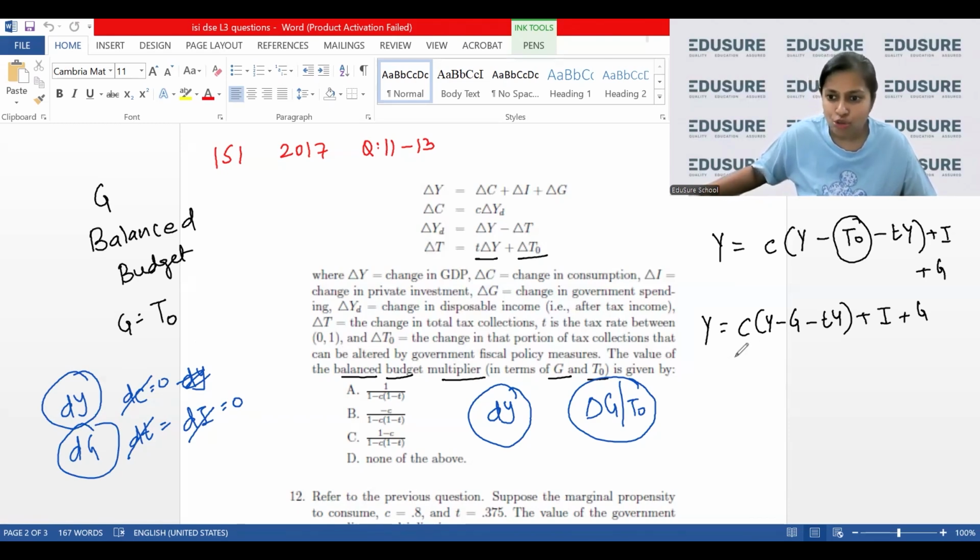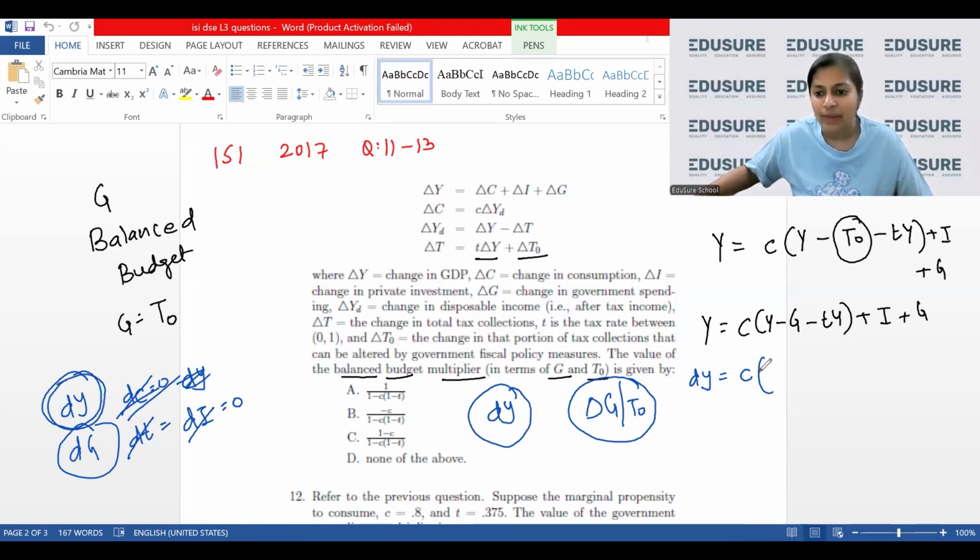So when I differentiate this equation, it will be dY is equal to, now C, I can take it as a constant because change in C I'm taking as 0. Then Y, I have to put dY because dY is positive. Minus dG, I'll write as dG because dG is positive. Now, dT, I do not have to take because I've taken dT as 0.